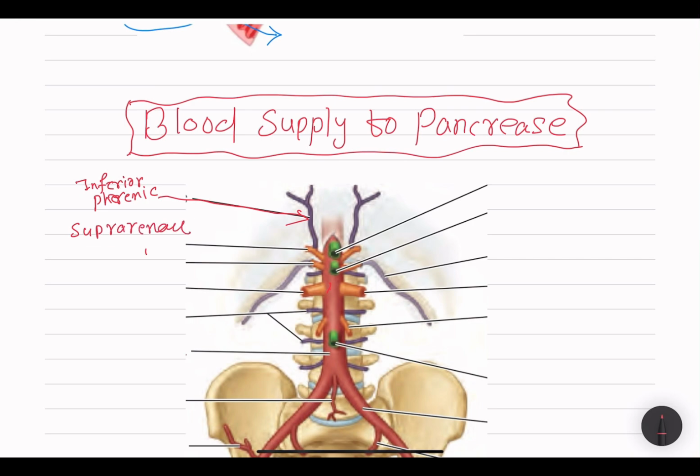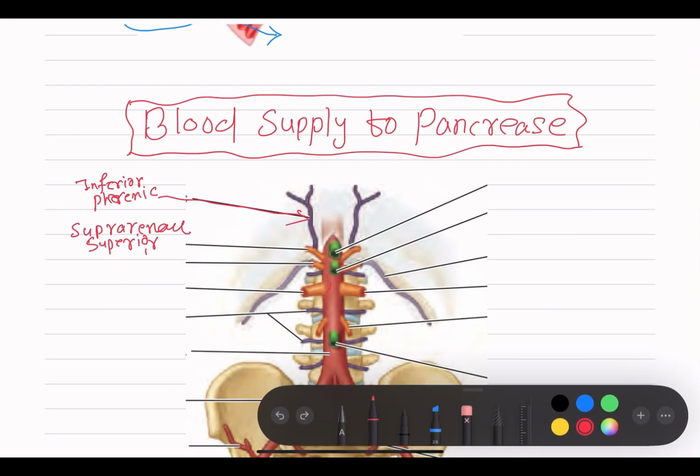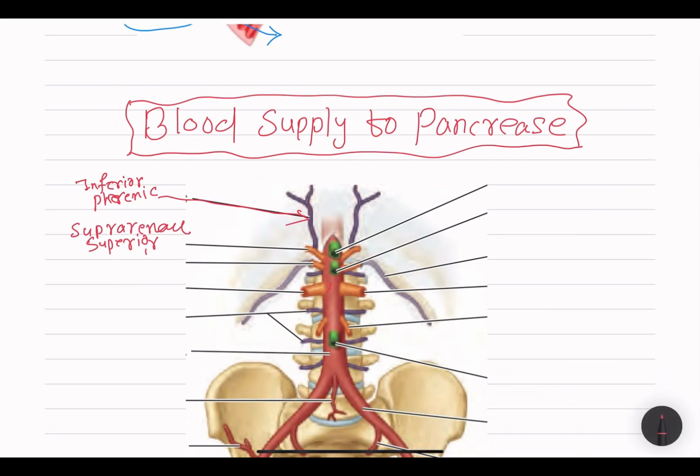Then the suprarenal, superior, and this one will be the medial.